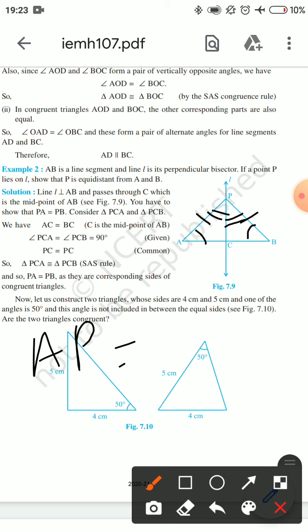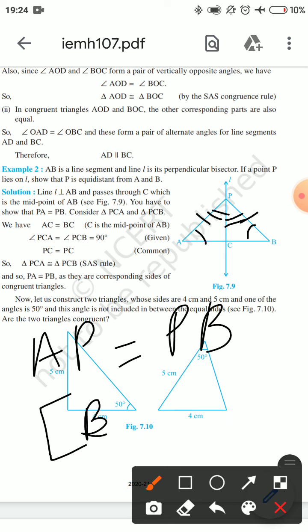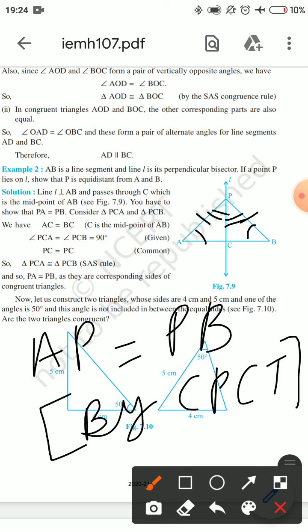The reason that you will write here is by CPCT. So in this way you can prove that these two triangles are congruent and side AP is equal to side BP.